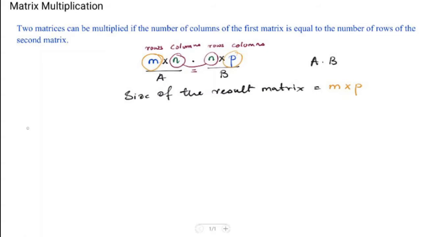So let me write a question maybe. So let's say the question is: is it possible to multiply A dot B?